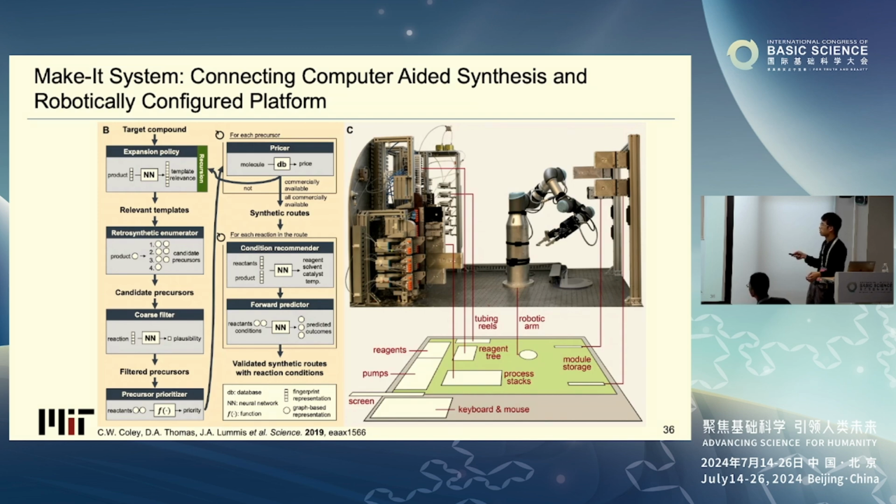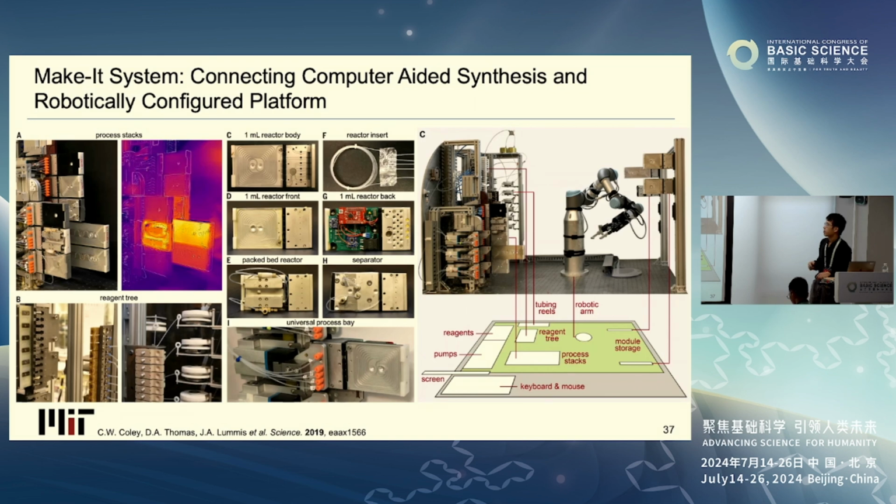The system consists of a robotic arm that moves and assembles the reaction modules onto this process stack. And then on the left, there are modules for reagent storage and pumps to feed them into the reactor to start the reactions.